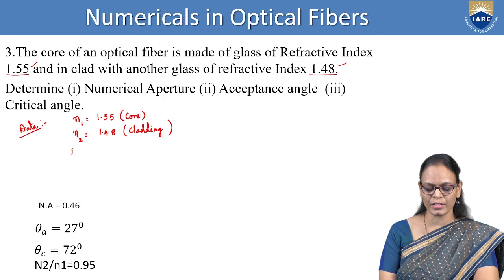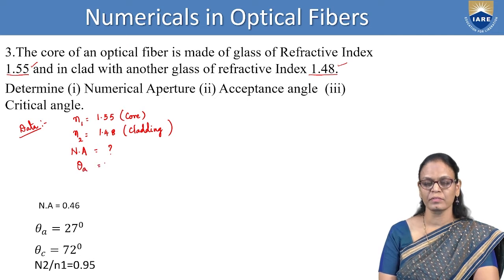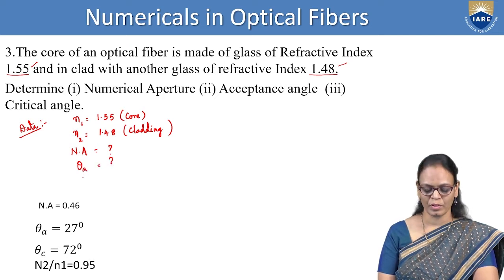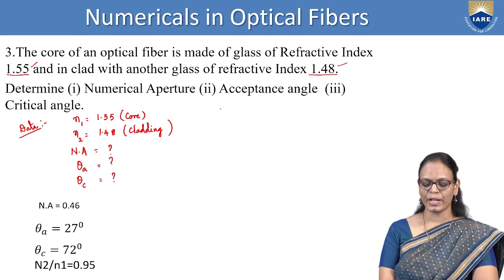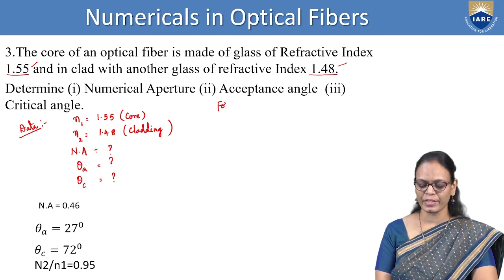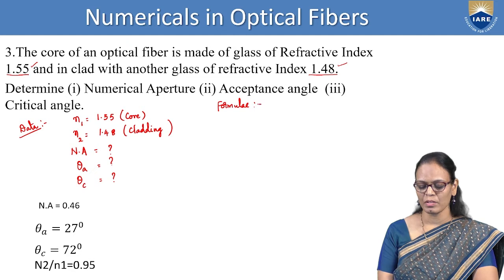We have to find the numerical aperture first. Then we will find the acceptance angle, theta A, and then we will find the critical angle, theta C. So let us write the formula and find one by one. So first formula for numerical aperture.